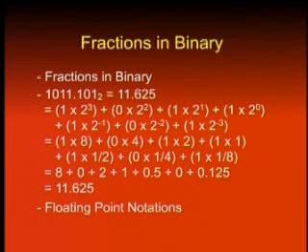plus 1 into 2 power 1 plus 1 into 2 power 0 plus 1 into 2 power minus 1 plus 0 into 2 power minus 2, and the final term is plus 1 into 2 power minus 3.